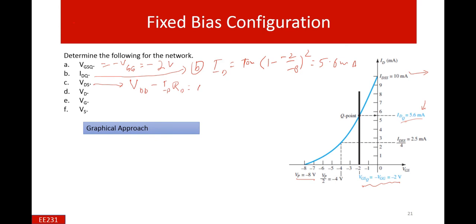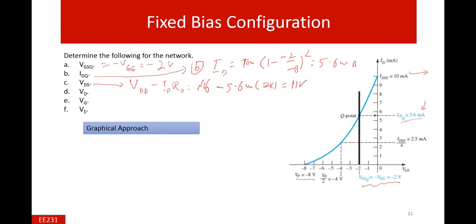The VDD is given, and the value of RD is also given, which is 2 kilo, and if we find VDS, it is equal to 11 volt.